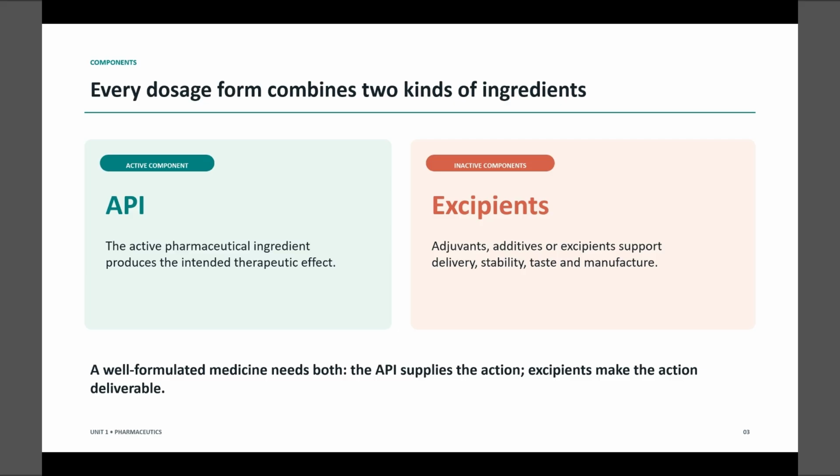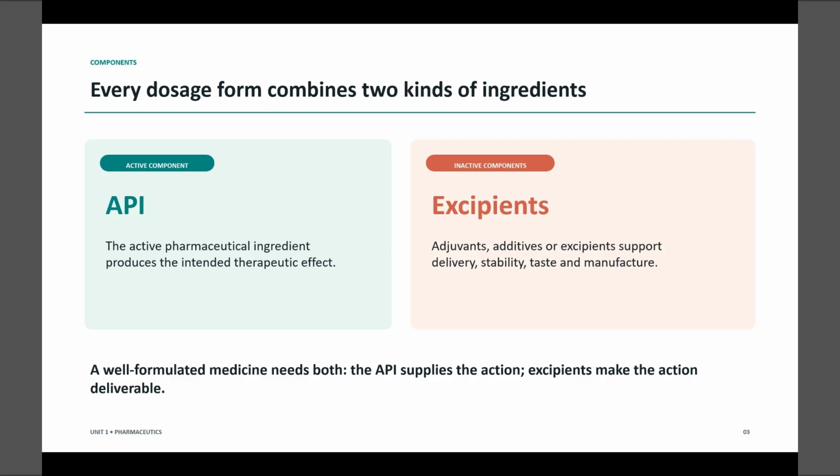Now we are going to see the main components present in a dosage form. One is the API, the active pharmaceutical ingredient, which produces the therapeutic effect.